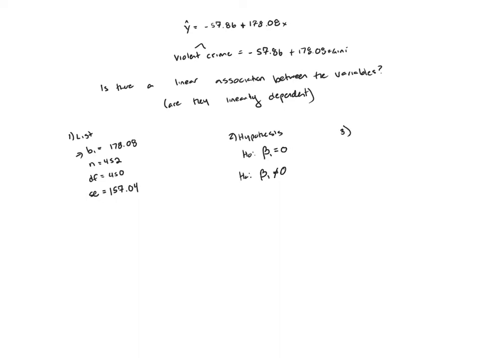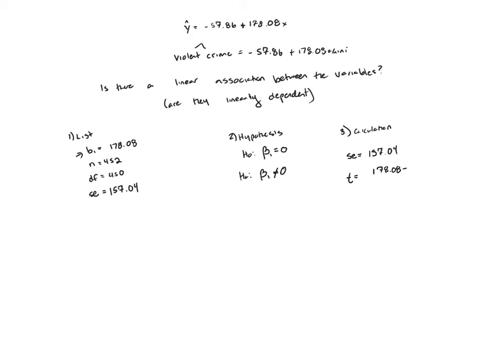When I do my calculations, I need to normally calculate SE first. Once again, we're not doing that by hand, so we'll just go ahead and list it here, 157.04. And then we also need to list my t-score. My t-score is always my actual minus my expected divided by my standard deviation estimate. In this case, my actual is 178.08.